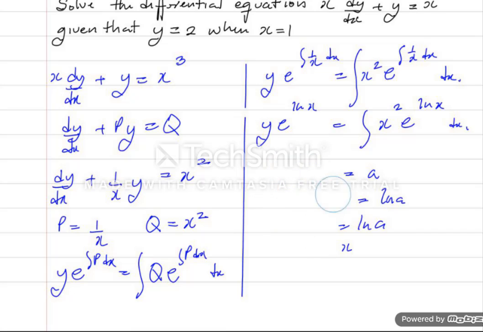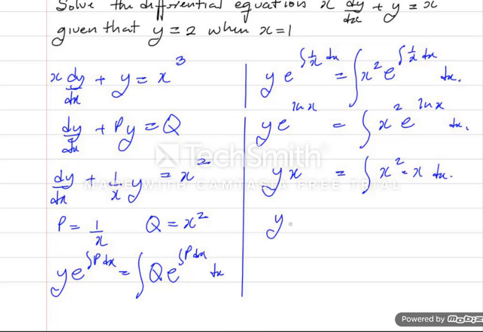Now we know what that is equal to. This would be y x, because e to the ln x is x, is equal to the integral of x squared times x dx. So yx would be equal to the integral of x cubed dx.